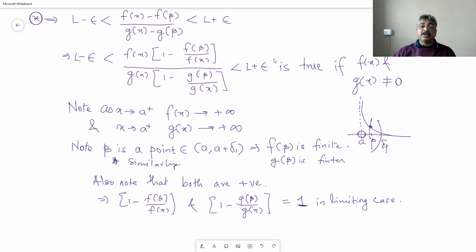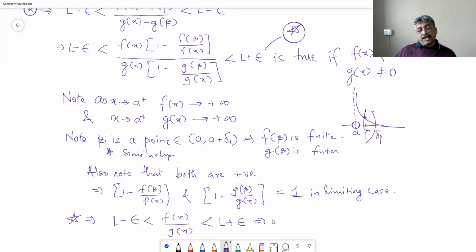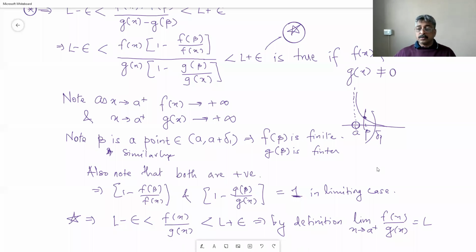So therefore, this equation, which I will call star, implies limit L minus epsilon is less than f of x upon g of x is less than L plus epsilon, implies by definition, limit x tends to a plus of f of x upon g of x is equal to L. Okay, so now this is not complete because I am yet to talk about this.